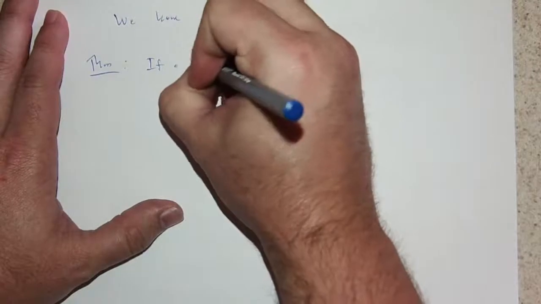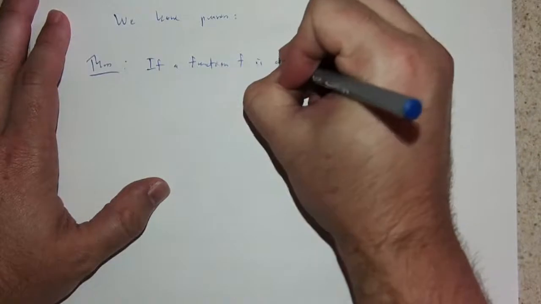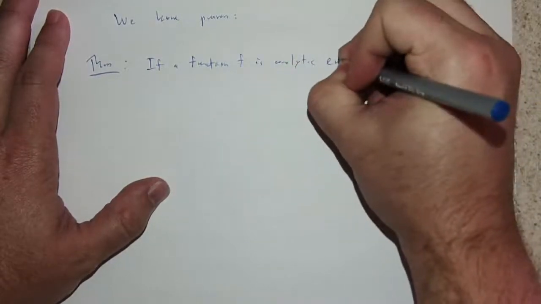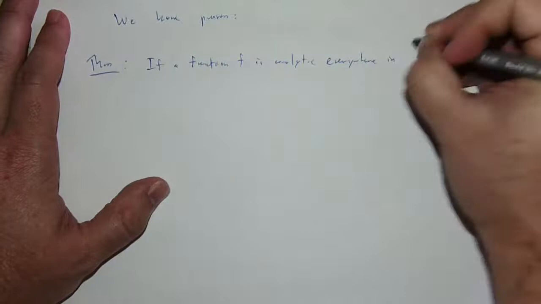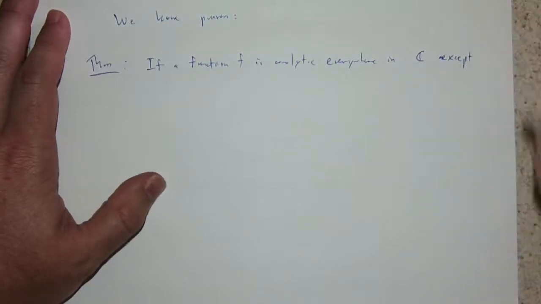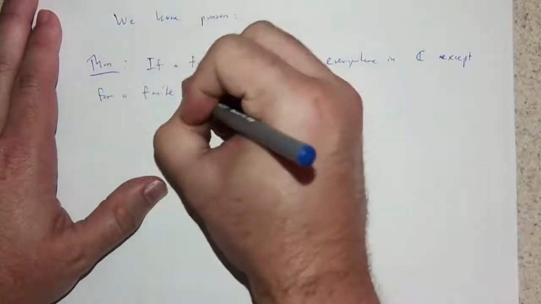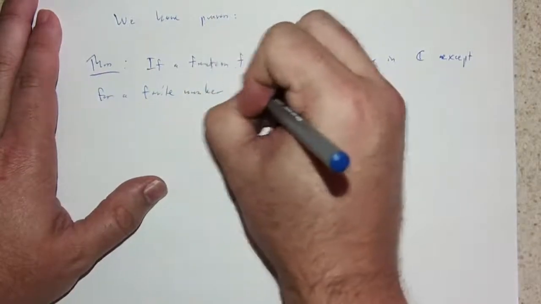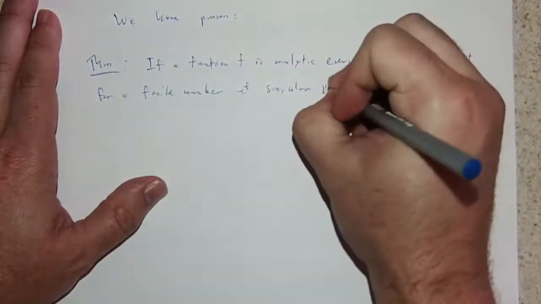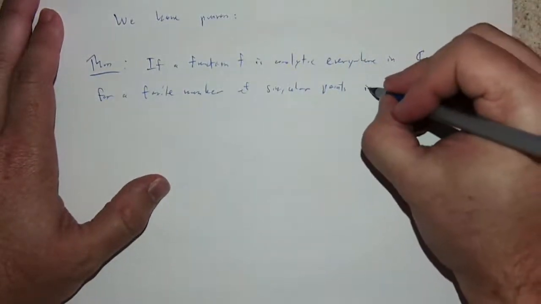We have a theorem that tells us if a function f is analytic everywhere in C except for a finite number of singular points interior to a positively oriented simple closed contour.